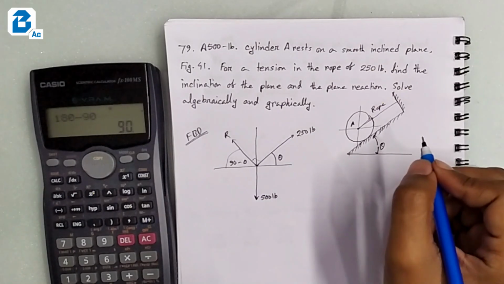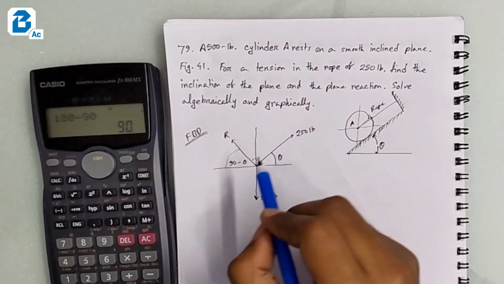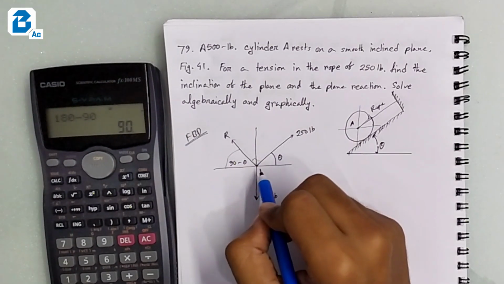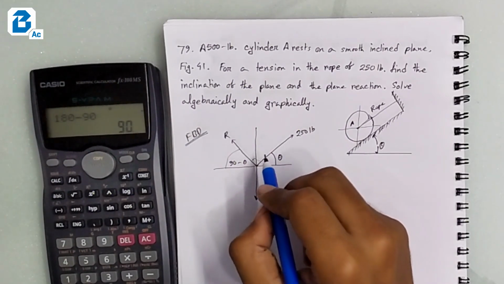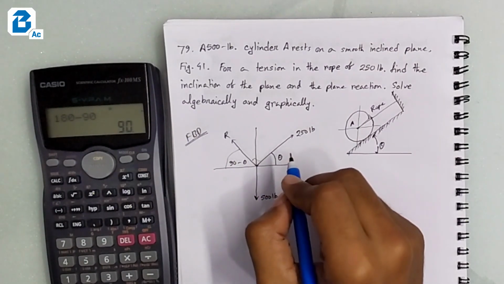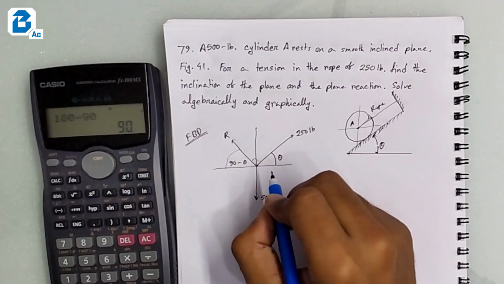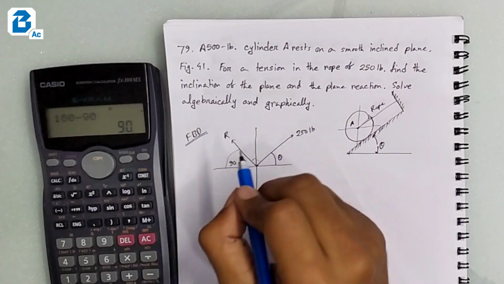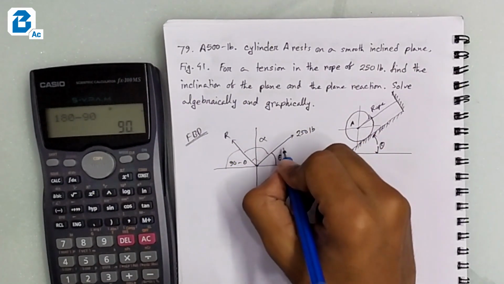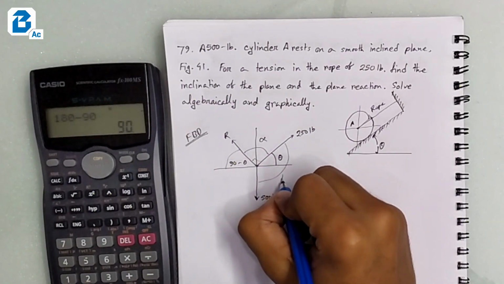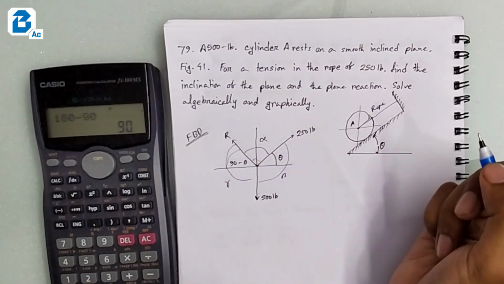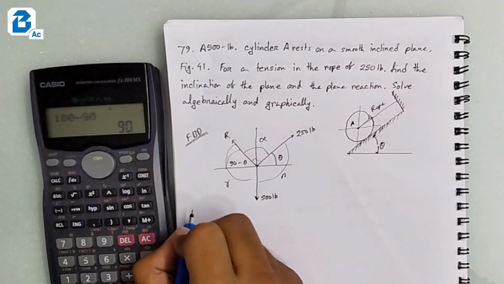Here we can see that this whole thing has three concurrent directional forces, so we can apply Lami's theorem here. So let's indicate the alpha, beta and gamma angles. For that, let's say this is alpha angle and this is beta, and then we can say this one is gamma. So let's write it down.